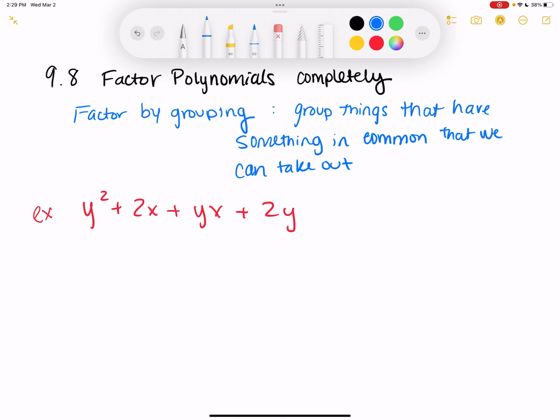I'm gonna kind of move things to put things that have stuff in common together. So both of these terms have x's in them, so I'm gonna group those together. And then these terms have y, so y squared plus 2y plus 2x plus yx.